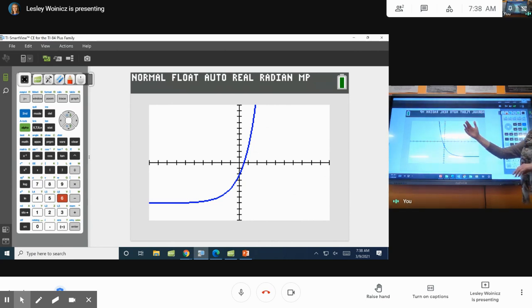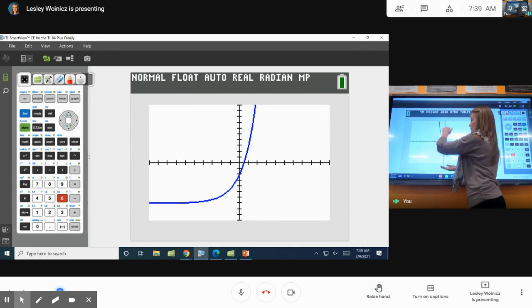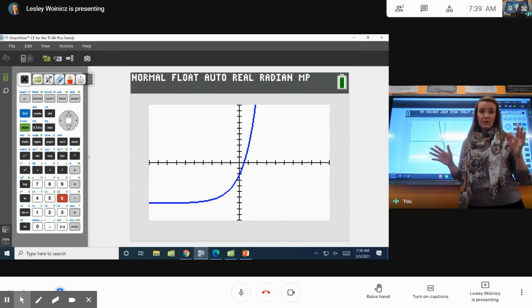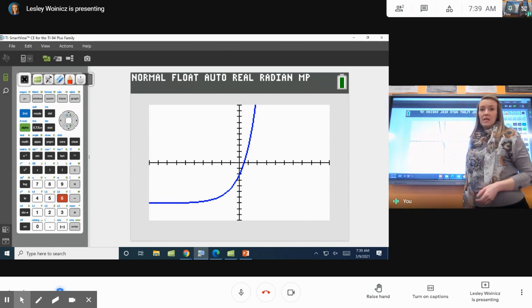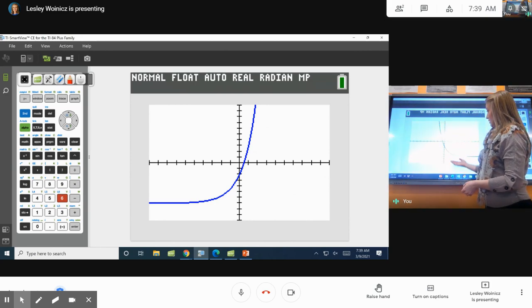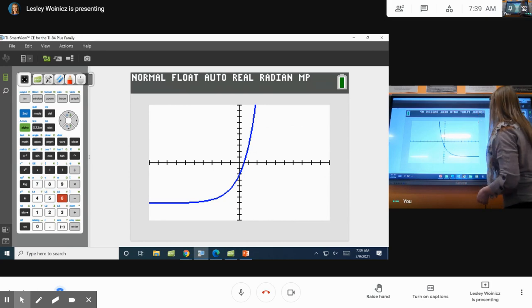It goes from -10 to 10, -10 to 10. So if your window was weird, just hit Zoom 6 and you get a nice window. Okay, so I can see that I've got a shift down 7 units, and I also have a lovely vertical stretch by a factor of 5.